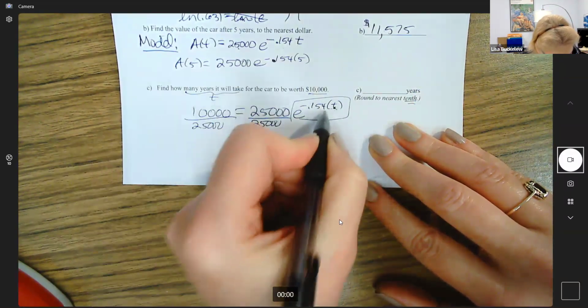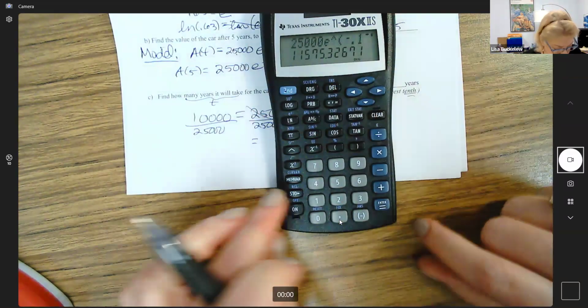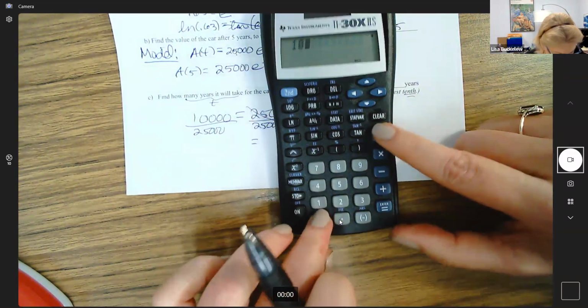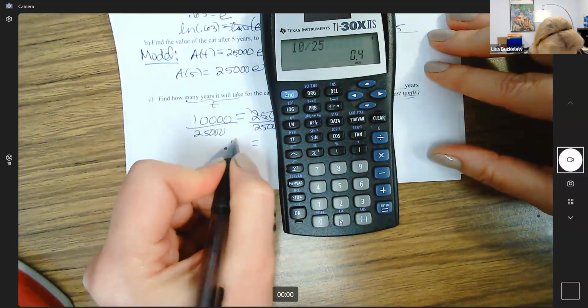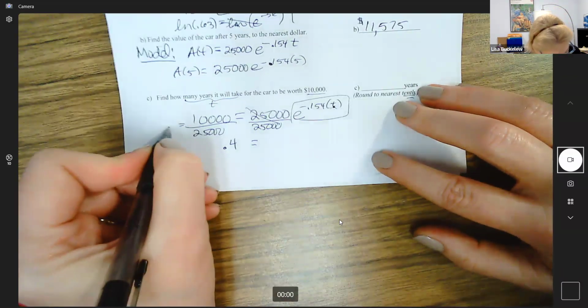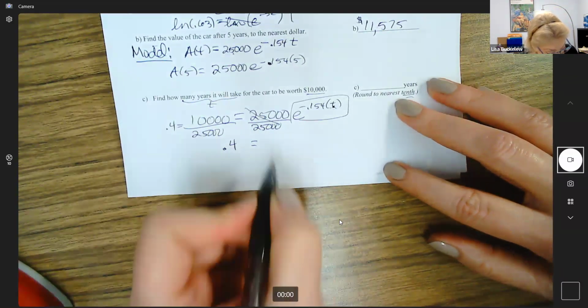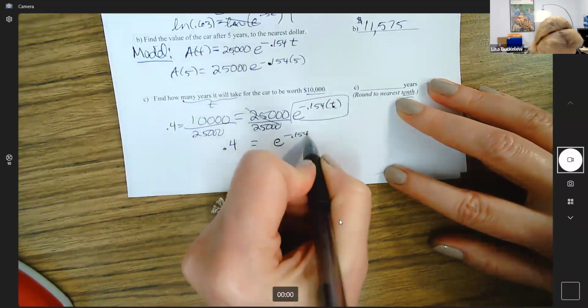I just put a box around the base and exponent to remind us. And 10,000 out of 25,000 also works out to a nice even decimal, 0.4. So I'm going to use 0.4 instead of the fraction, and that's going to equal e to the negative 0.154t.